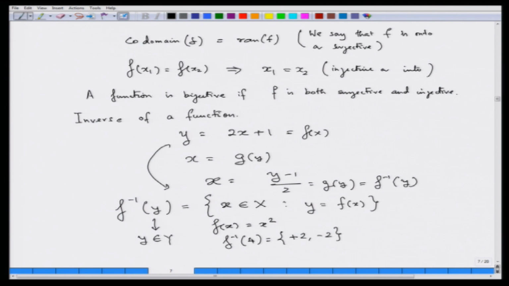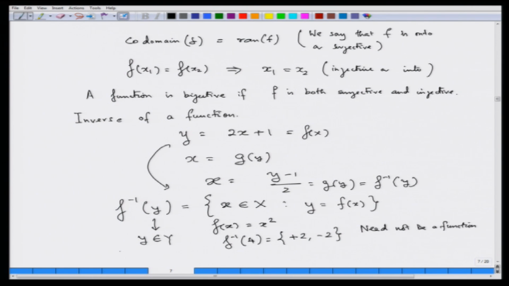One input gives me two outputs. So, f inverse need not be a function in general. When f inverse is a function, we say that the function is invertible, like the one we have just done, and then we can say that the function has an inverse.